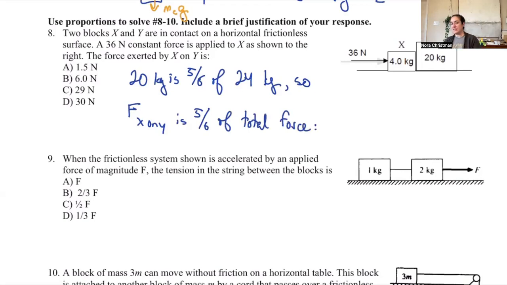So since the mass being accelerated is 5/6 of the total mass, the internal force will be 5/6 of the total force. So that's 5/6 of 36.